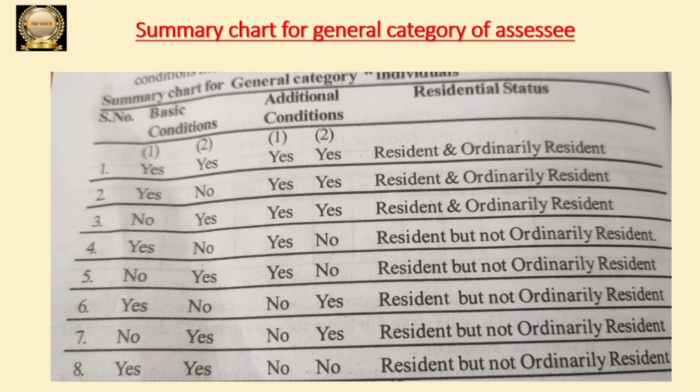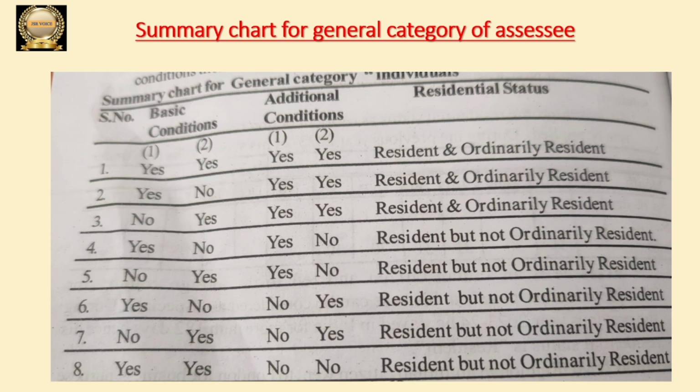First basic condition is satisfied, second one no. So he is satisfying the first one, one is enough, he will become resident. Once he is a resident, let us apply additional conditions. For the fourth person, additional conditions: first one is satisfied, but second one no. Let me explain how we determine under additional conditions. Additional conditions are 2. If he satisfies both, then only he will become resident and ordinary resident.